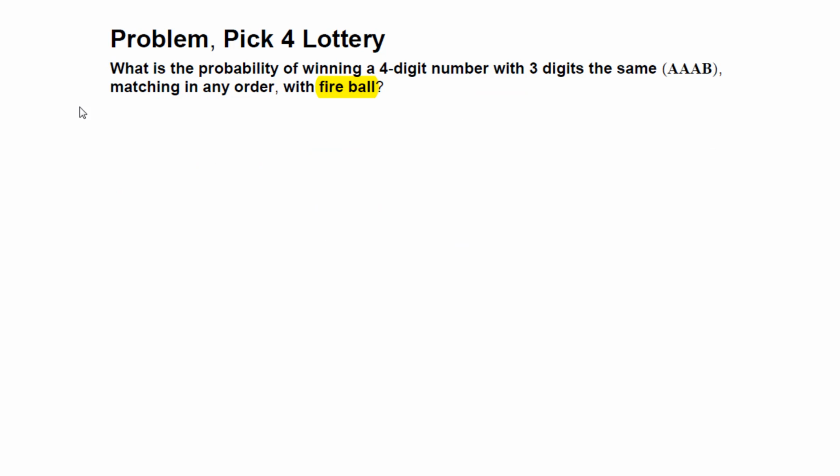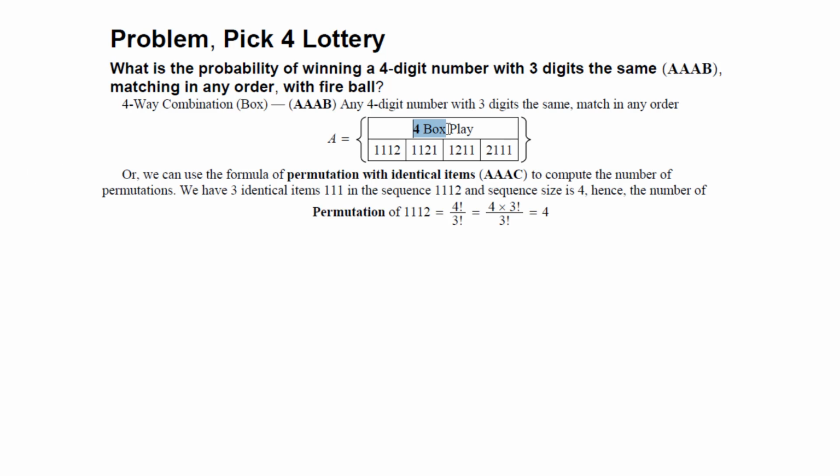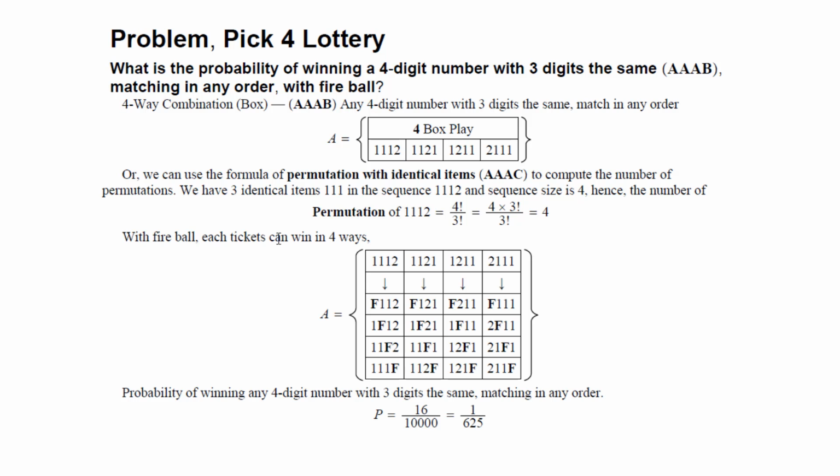Now the question is, what is the probability of winning a 4-digit number with 3 digits the same, matching in any order with fireball? As we have seen before, this is the case of 4-box play, so we have 4 winning tickets. But for each winning ticket, we can replace each digit with a fireball. So for each winning ticket, we have 4 winning tickets with fireball.